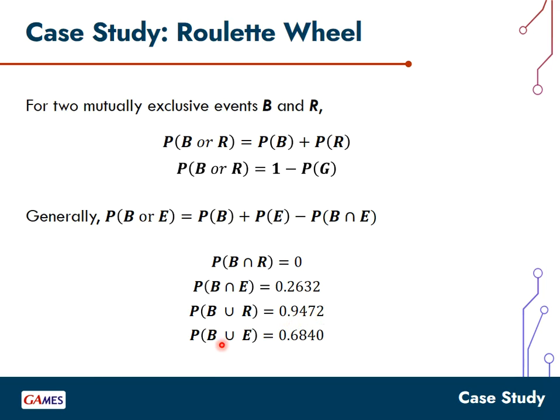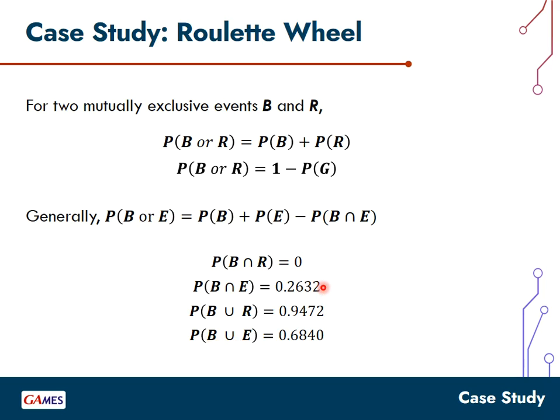But for intersecting events like B union E, you're not going to just add B plus E. You would have to remove the extra intersection, B intersect E. So the event E is also 18 over 38, just like B is 18 over 38. So if you add the two together, you should be getting 0.9472.